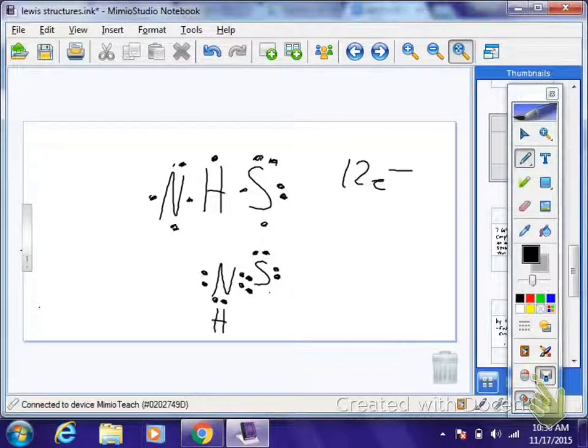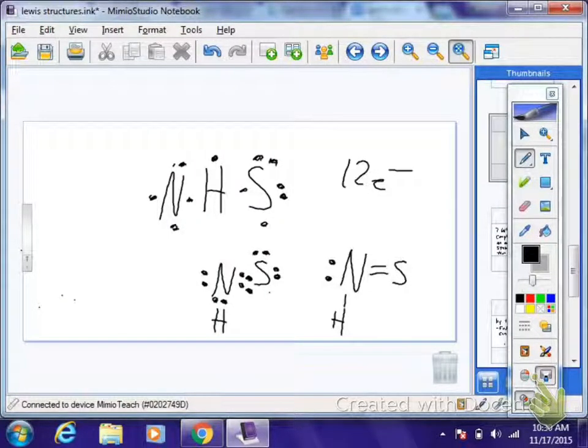We've taken one that was unshared and we shared it, and that's our double bond. When we draw our structure, it's going to look like this. There's our double bond.